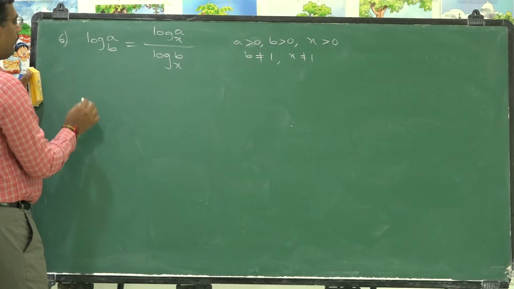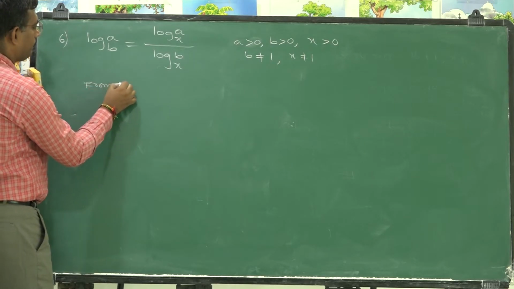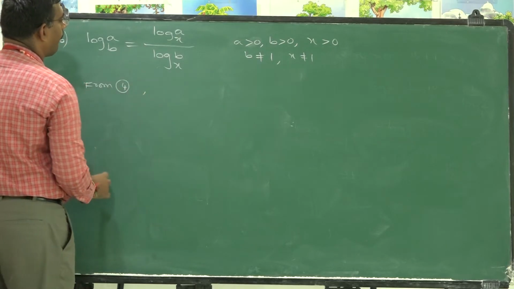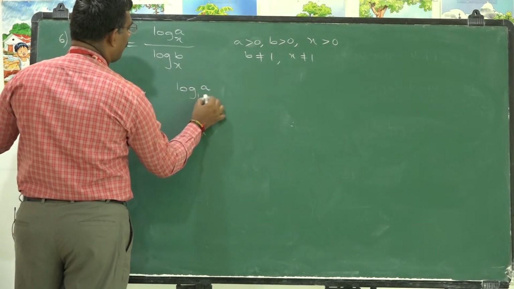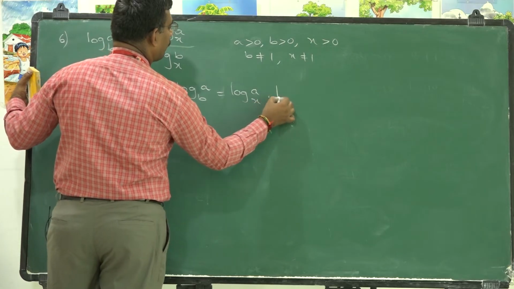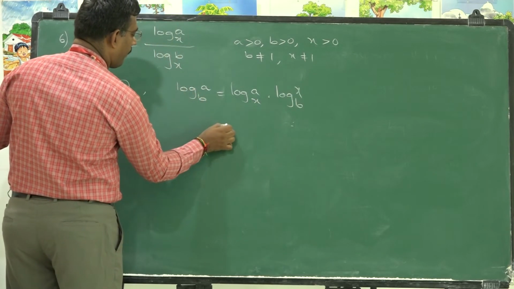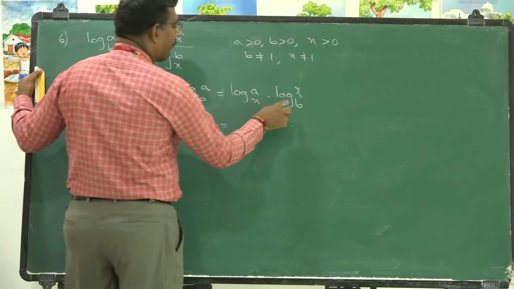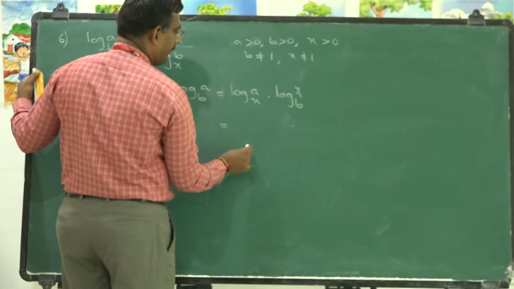Okay, from the fourth property, log a base b is equal to log a base x into log x base b. So from the fifth property, we write log x base b as 1 by log b base x.